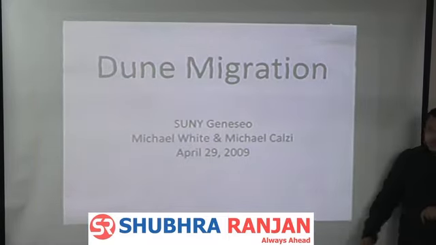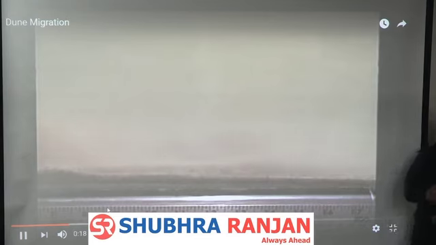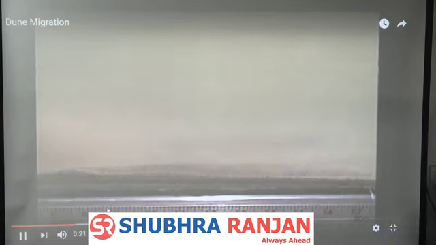This is what is desertification. That is when the wind speed is very, very high. This is how the sand dunes are formed.